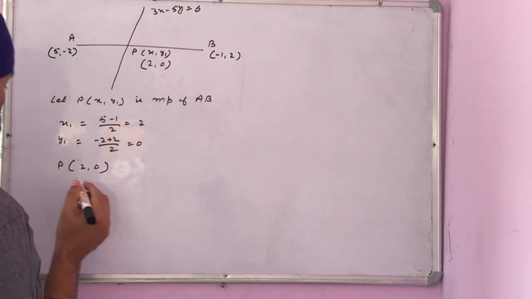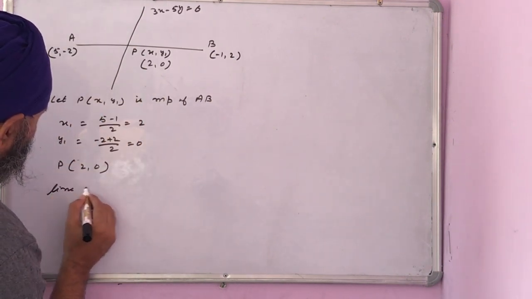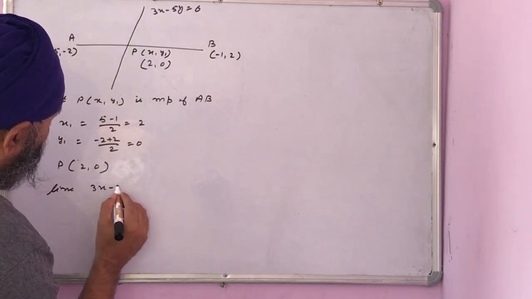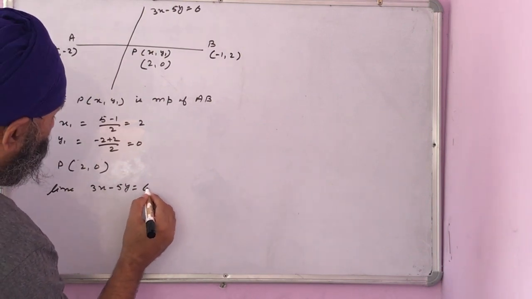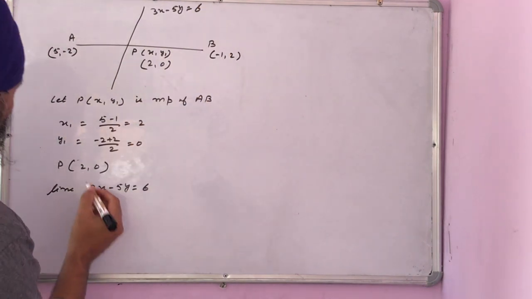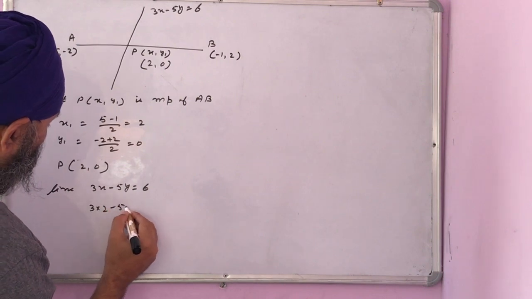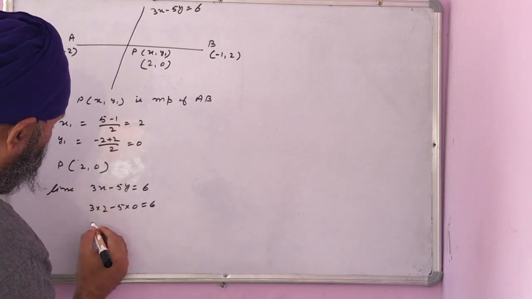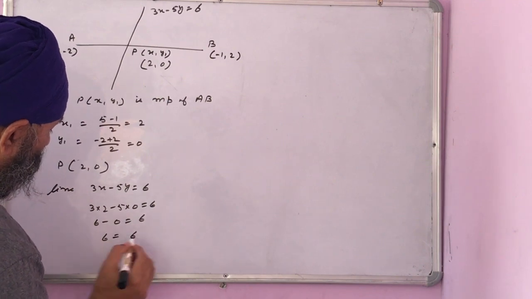So P, the given line is 3x minus 5y is equal to 6. Putting 3 into 2 minus 5 into 0 is equal to 6. 6 minus 0 is equal to 6. 6 is equal to 6.